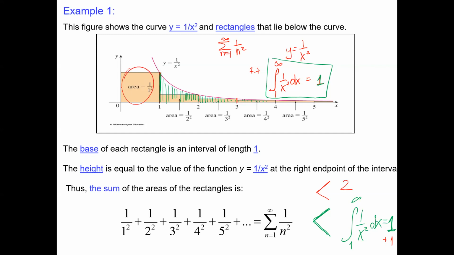So we prove through this improper integral that the summation is less than 2. The partial sums are increasing and bounded above. Then the infinite series is convergent. And we did use the integral.